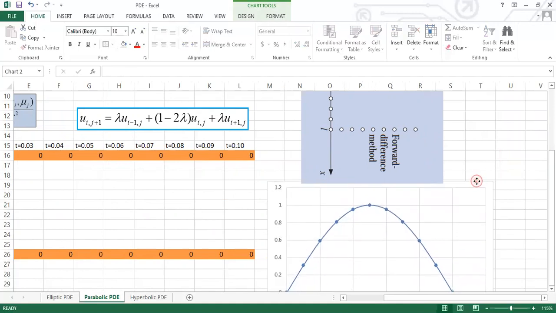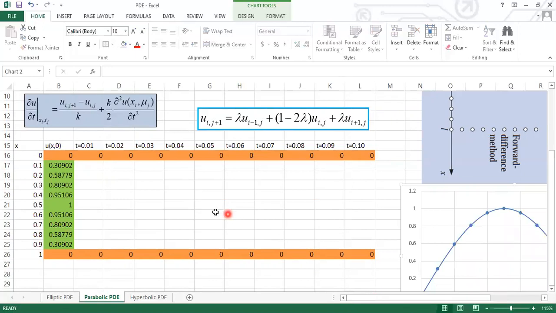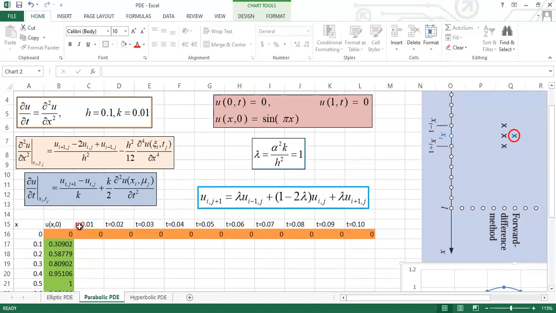Of course, I did some of the work before starting this sheet. So these are the values which are known to us from our boundary and initial conditions. Now with the time step of 0.01, the values can be generated, and we can write the equation in explicit form.